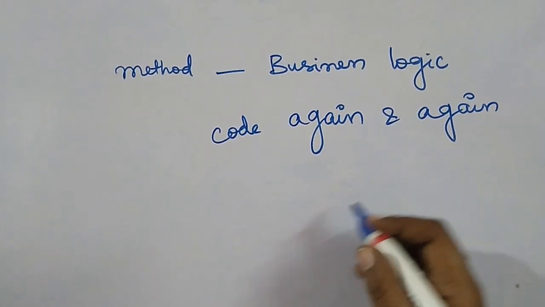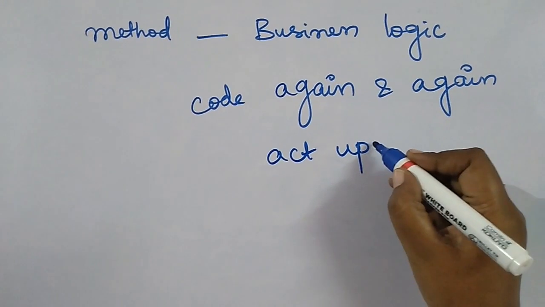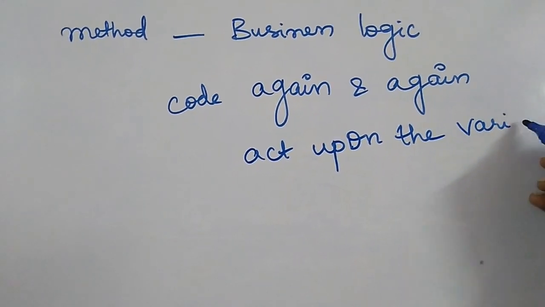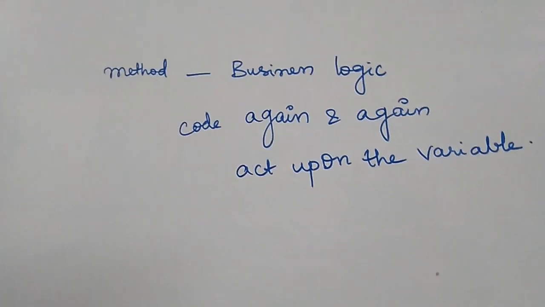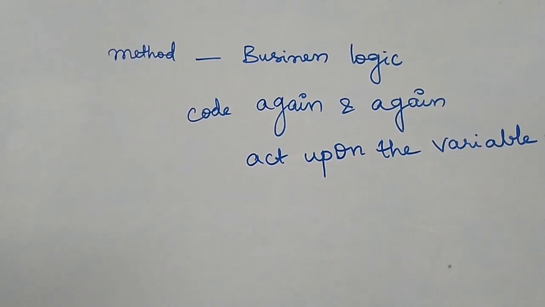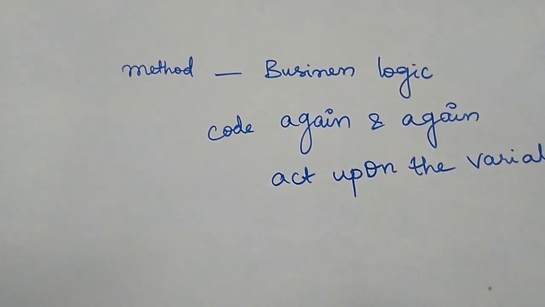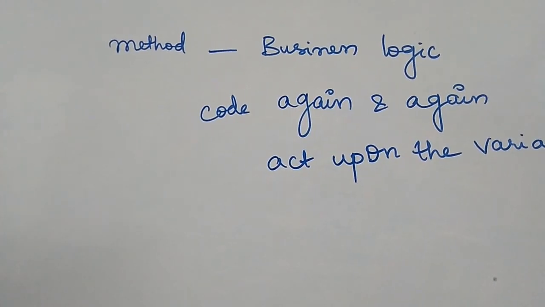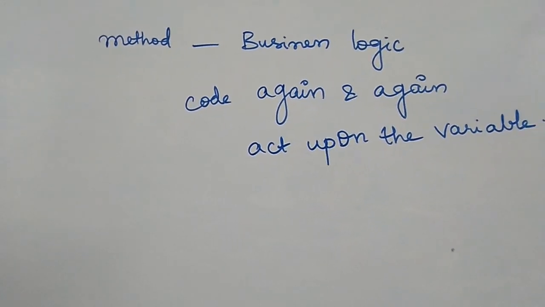The methods also act upon the variables that we declare inside the class. They take in the variables and act upon them. The business logic, for what you are writing this class, is put inside a method. There can be many methods inside a class.